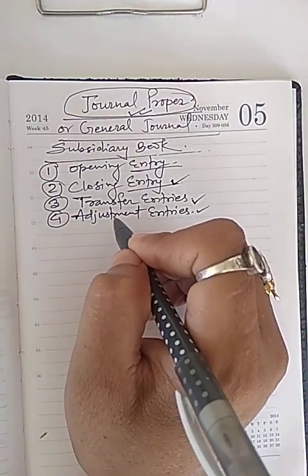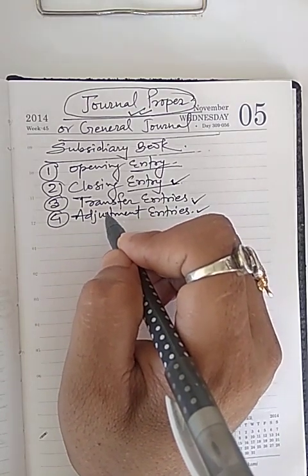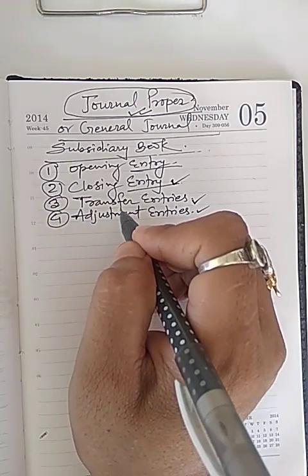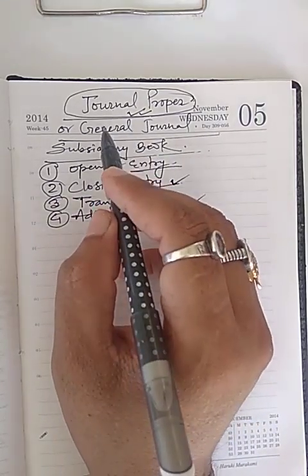So it will also not be recorded in subsidiary books, that is purchase book or sales book. It will only be recorded in journal proper.